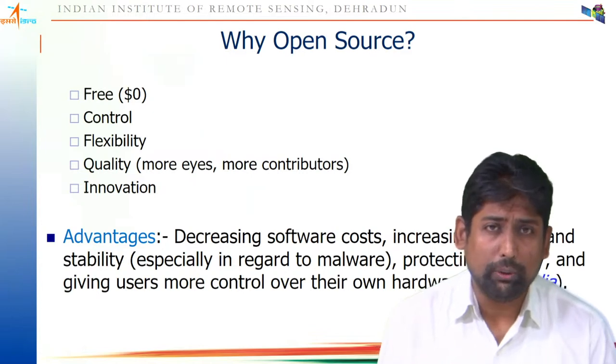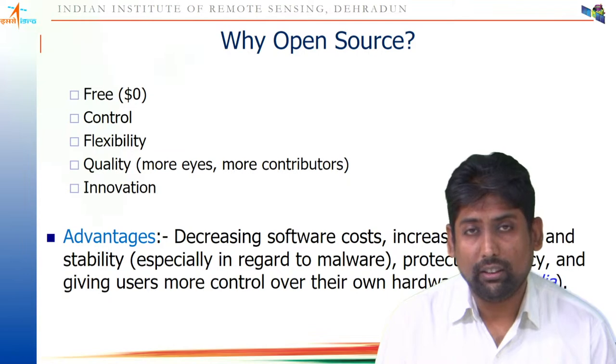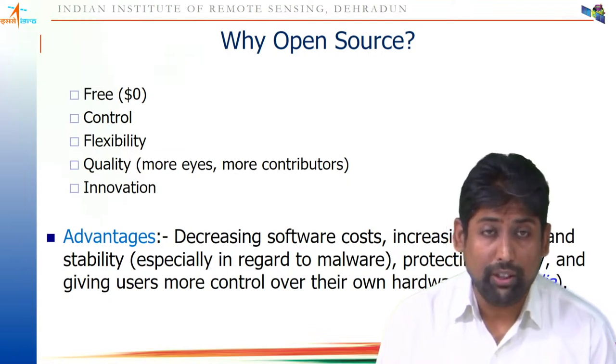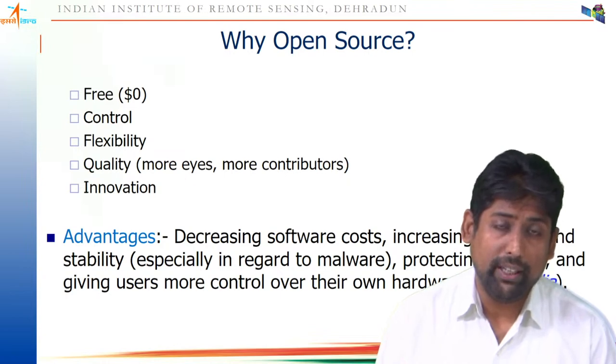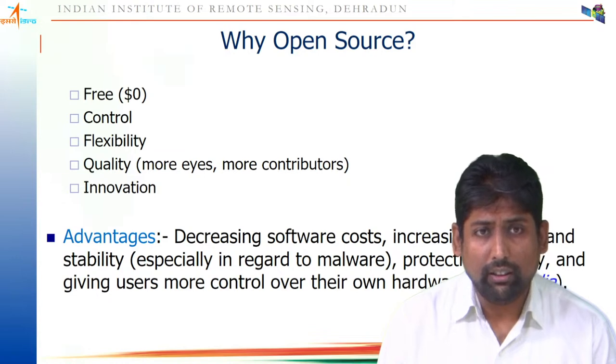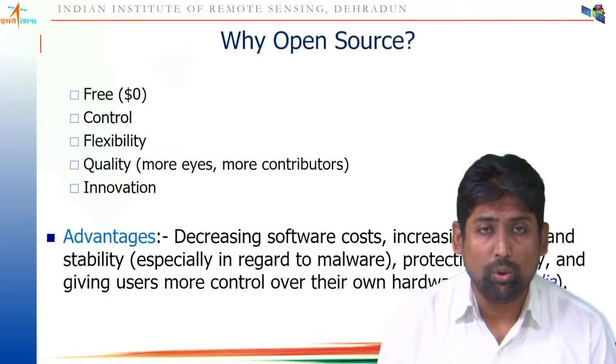So, what is open source and why do we need it? First thing is that open source means that these softwares are available to you for free. That is, you do not pay any money to use these softwares. Second, and a bigger advantage, is that the source code is available for these software.